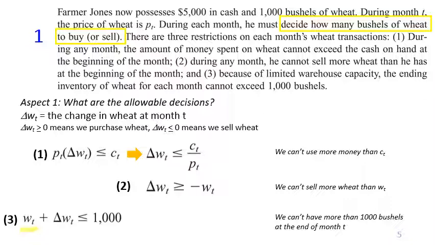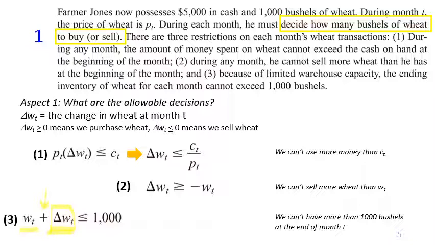And then delta WT is the change, and the sign is plus, such that if you purchase, the total amount will increase. If you actually sell the wheat, then this will be negative, and you will decrease the total amount of wheat that you have.